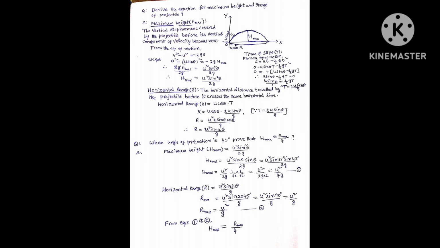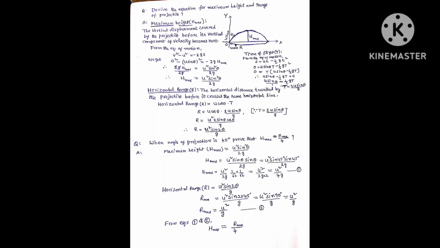H maximum equal to u square sin square 45 degrees by 2g. We get H maximum equal to u square by 4g.